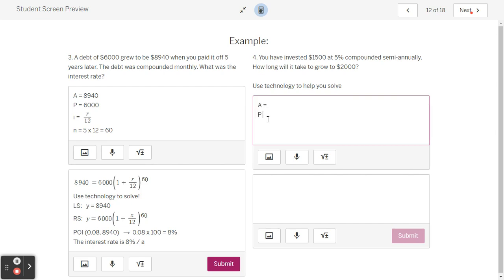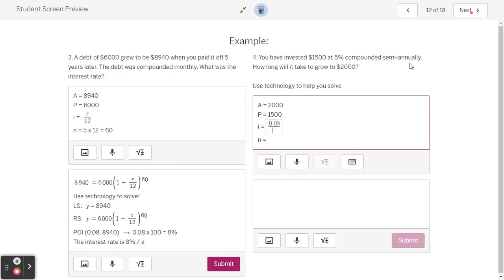A, P, i, and n. You've invested $1,500. 1,500 is the original amount. How long will it take to grow to 2,000? 2,000 is our final amount. We know that the interest rate is 5% and it's compounded semi annually, so we have 0.05 divided by 2. And finally, n is the total number of compounding periods.